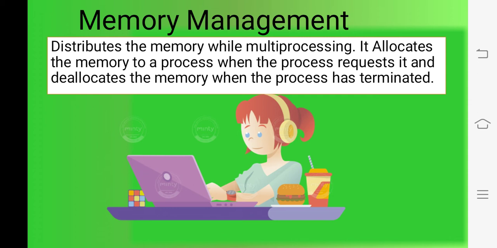So it is a responsibility of an operating system to allocate the memory to Microsoft Word, also to the browser program we are using for downloading the application software. Also, if we are using the antivirus to scan our computer system, to allocate the memory to that program also. So this is the responsibility of operating system to allocate the memory.